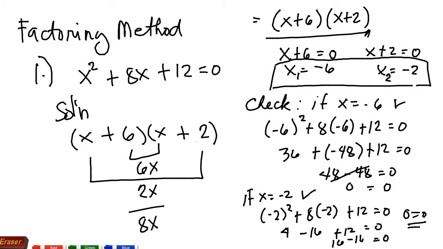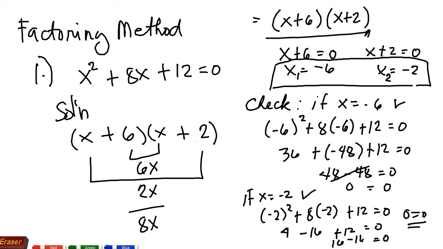Meaning the factors x plus 6 and x plus 2 are the correct factors, and the roots, which are equivalent to negative 6 and negative 2, are the correct roots. There are also cases wherein the first root is correct and the second root is wrong.